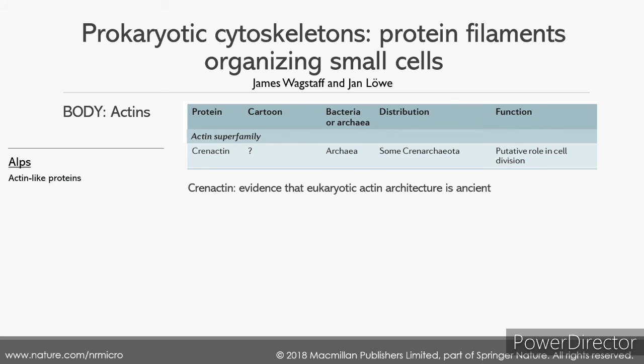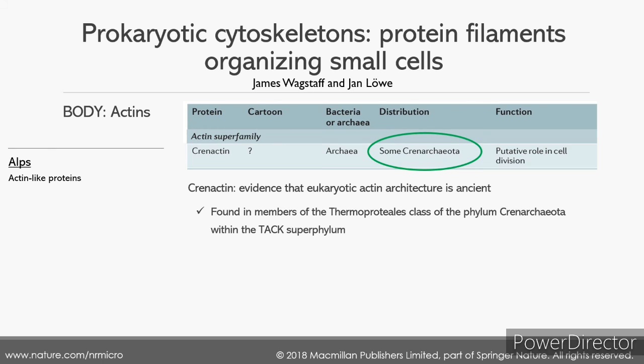Lastly is the superfamily crenactin, which serves as evidence affirming that eukaryotic actin architecture is ancient. This family was found in members of the Thermoproteales class of the phylum Crenarchaeota within the TACK superphylum.